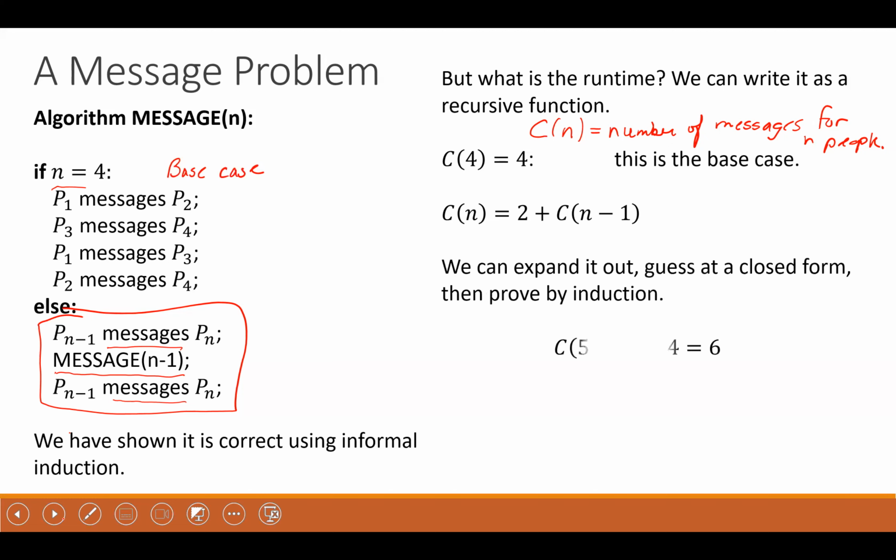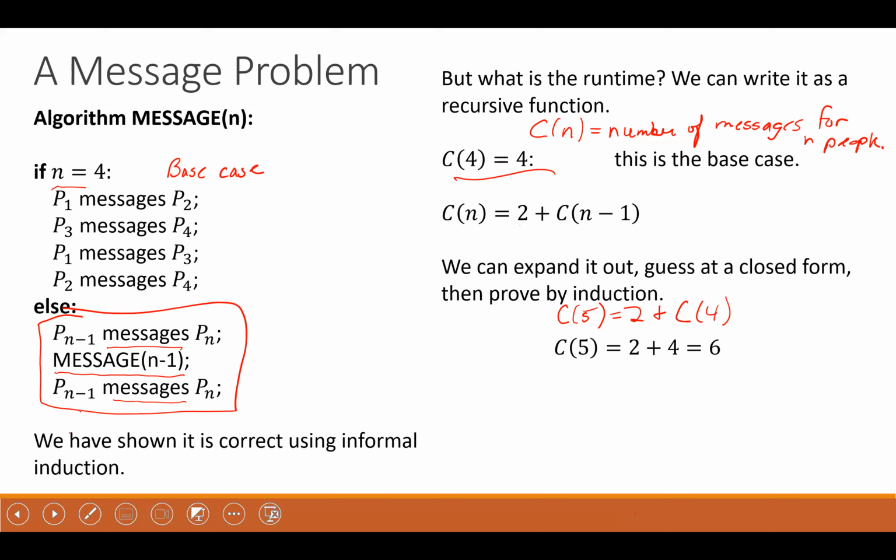Okay, so C of 4 is equal to 4. If I take C5, well, that's equal to 2 plus C4, which is 4. So 2 plus 4 is 6. I'm plugging the values directly in here, but this is basically C5 equal to 2 plus C4.